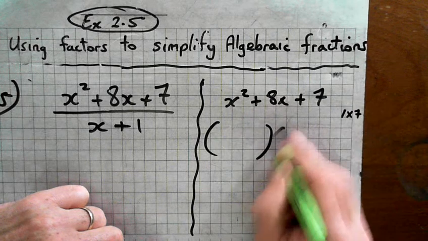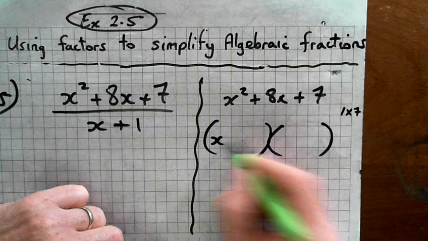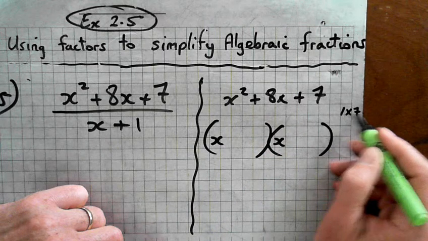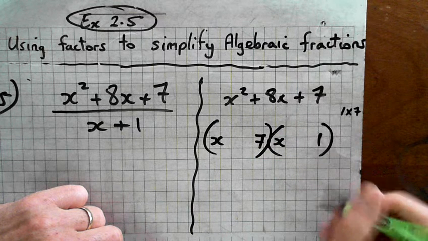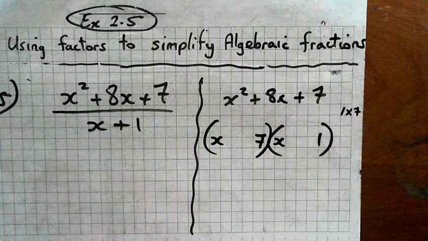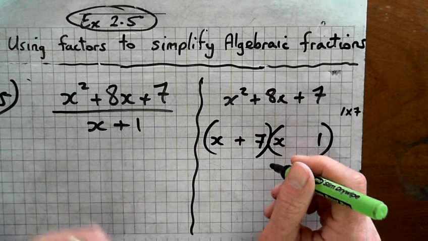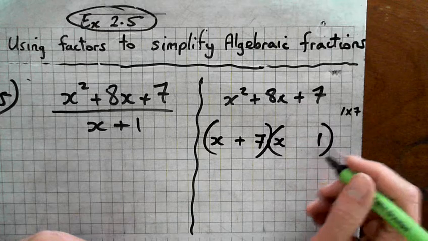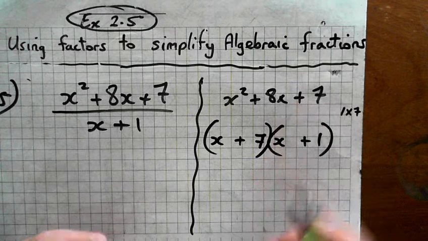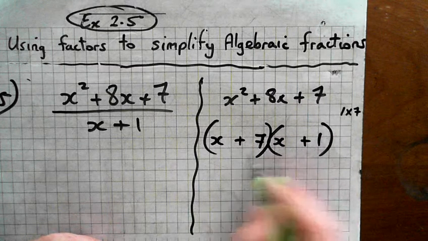The factors of x squared are x times x, and we use 7 and 1. How do we get plus 8? Plus 7 plus 1 gives me plus 8. So these are the factors.